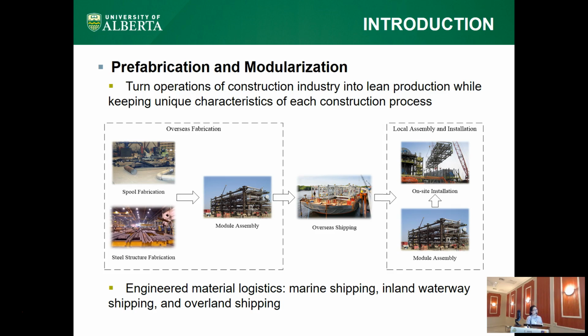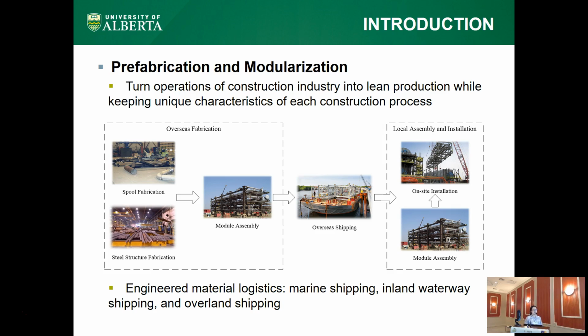After that, these small modules are transported from the overseas port to the local assembly yard for further assembly into larger modules, and finally for on-site installation. These prefabricated spools, structure steel, and small modules are called engineered material.